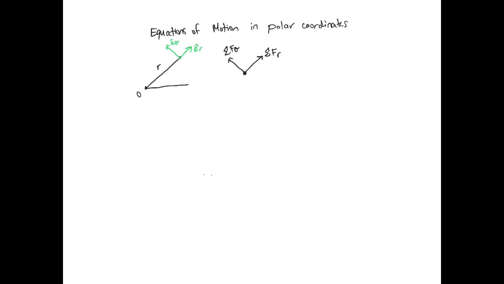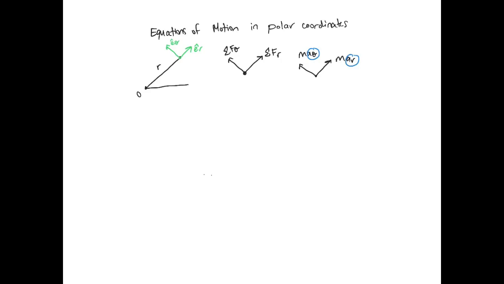Then when we look at mass times acceleration, we look at the radial and transverse acceleration. So here we would have mass times acceleration radial, and here mass times acceleration transverse. We have equations for the radial and the transverse accelerations already derived from our kinematics.